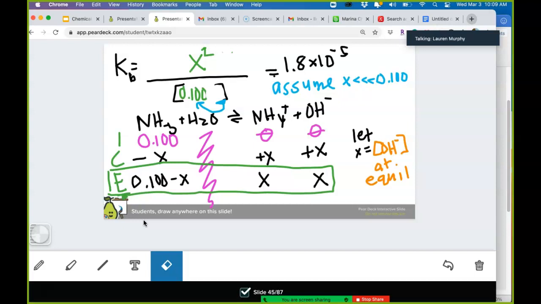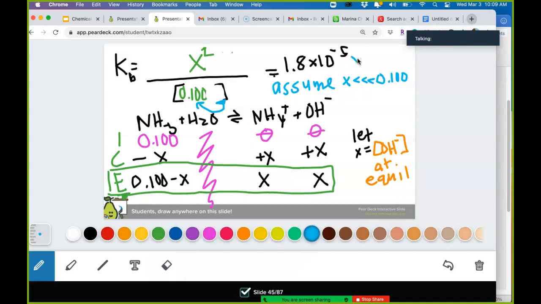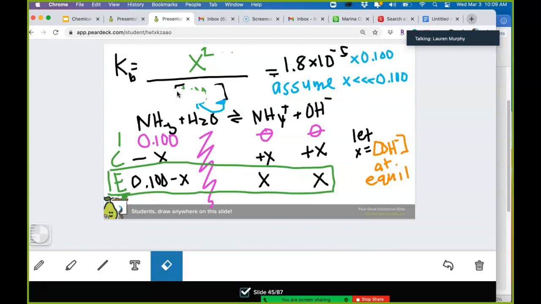This helps me avoid the quadratic because now I can solve for X without using the quadratic, right? I multiply both sides by 0.1 to get the X squared by itself. That gets rid of this over down here, right?